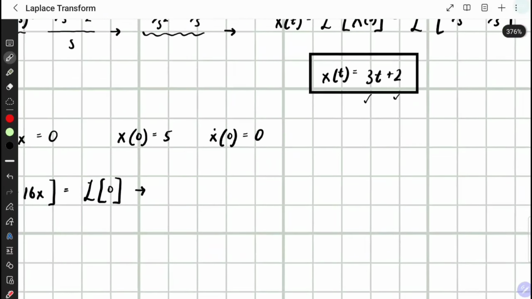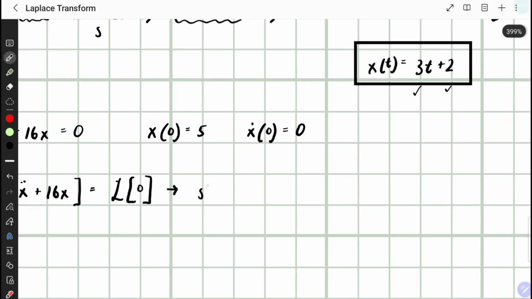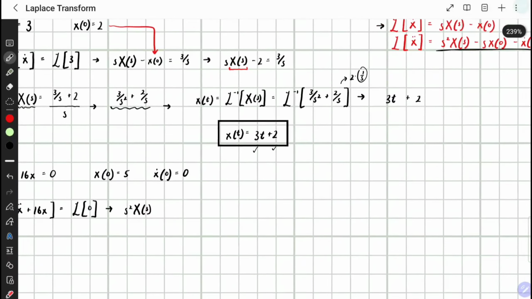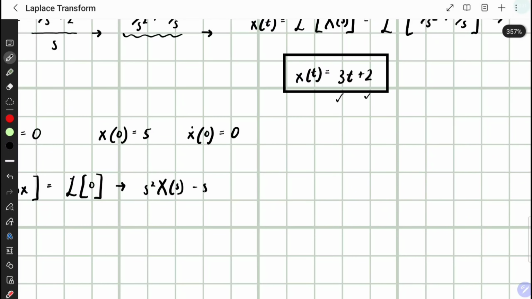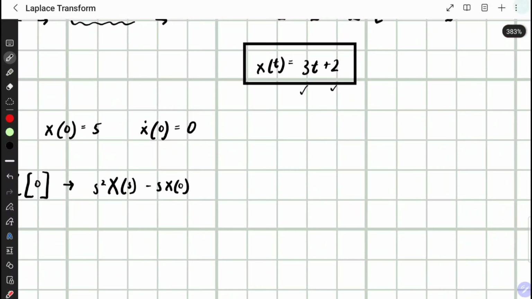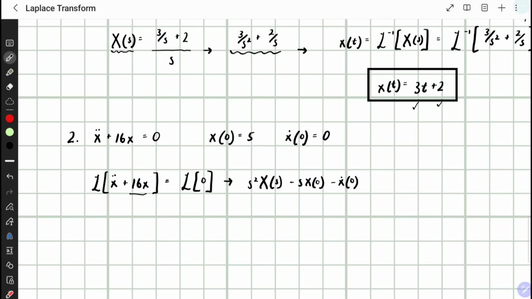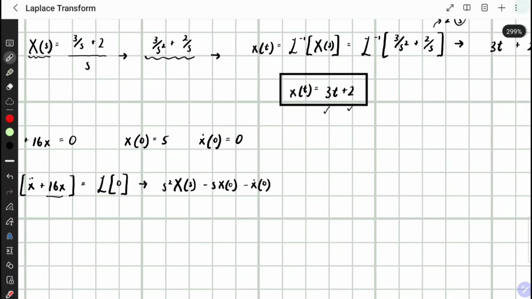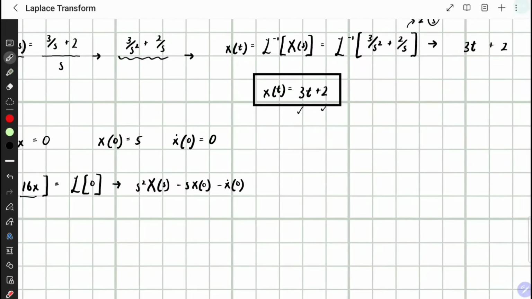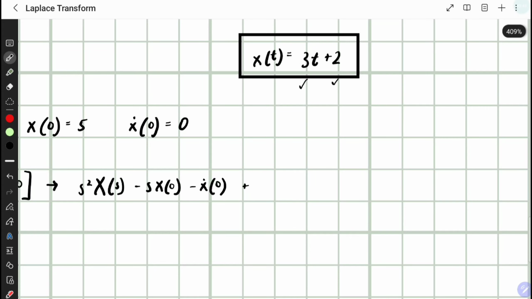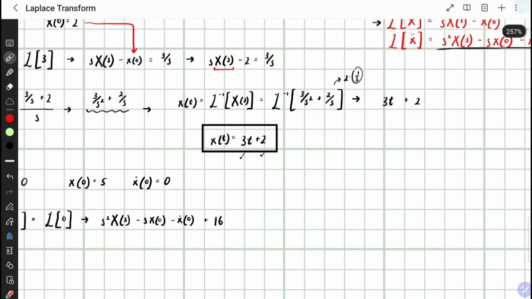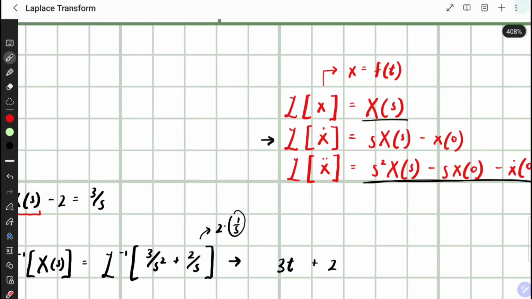So this is going to be s squared big X of s minus s times x of 0 minus x dot of 0. Laplace transform of 16x, that's the same thing as 16 times the Laplace transform of x, which is just big X of s.